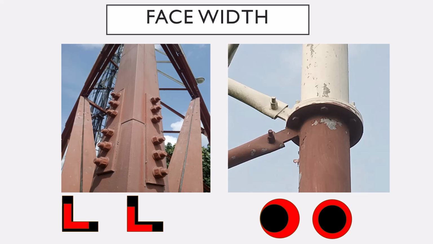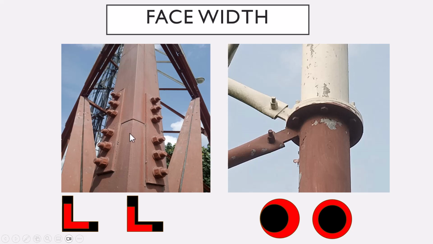So if you want to connect these members together, it will be very difficult to connect them at the center to the center, which is the center of those 3 mm. Let's say this member below is 6 mm thick, and this member above it is 5 mm thick.